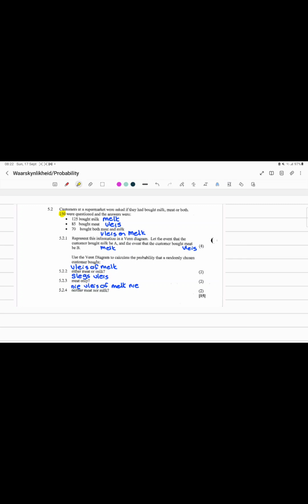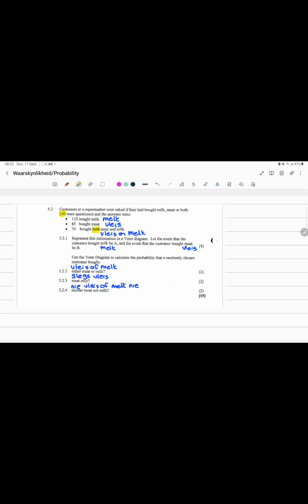How many people were asked about something? Then they said the answers were 125 people bought milk, 85 bought meat, and 70 bought both meat and milk. Very important, both. If they gave that to you, that is a bonus.